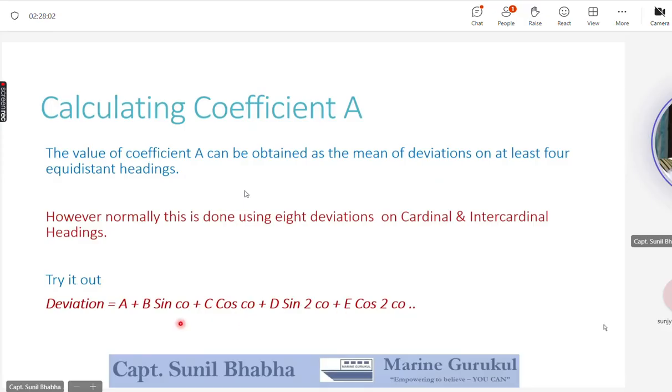So in this formula, if you put the Cos as 0, 0, 0 and get the result, then the second time you put the value as 90, third time you put the value as 180, fourth time you put the value of Cos as 270. Now, once you get the answers and you take a mean, you will see that all the other coefficients B, C, D and E will get cancelled out. The only coefficient which will remain is coefficient A.